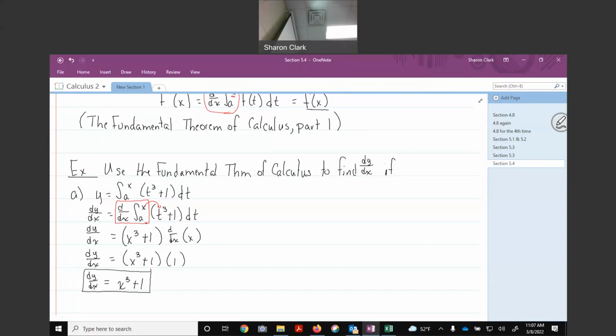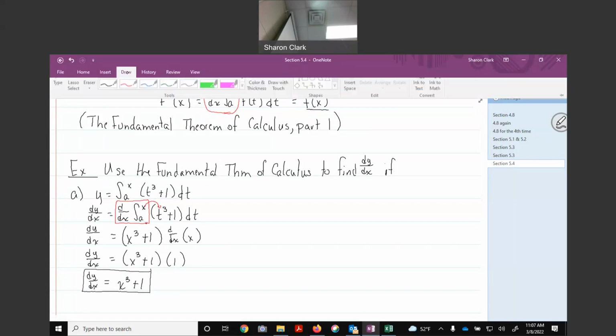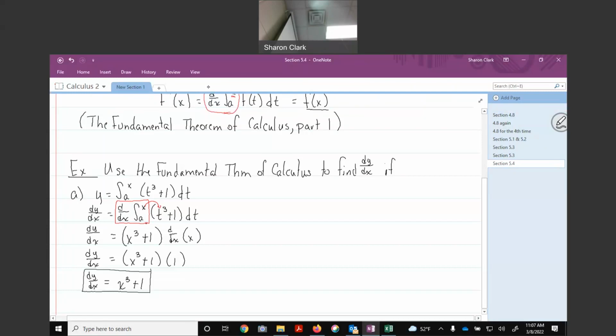Chain rule. But it's what we're plugging in, not what's there. We're not differentiating what's there. Notice what I have right here is what I have right here, except I plugged in the x.